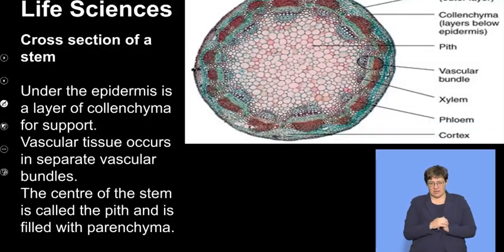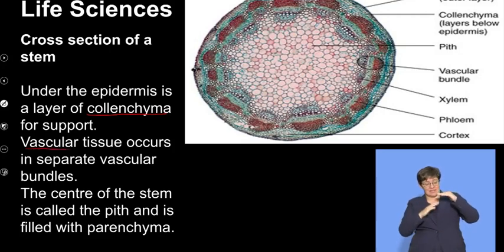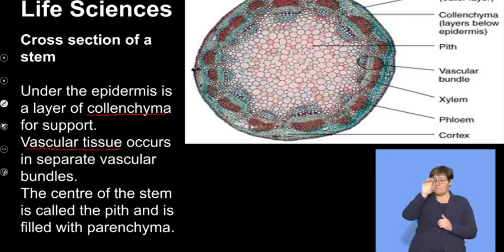So let's look at the next picture, and that puts in words the fact that there's collenchyma under the epidermis, there's vascular tissue, called vascular bundles, which are the little patches of xylem and phloem, and then the center of the stem with the big parenchyma cells, that is called the pith.